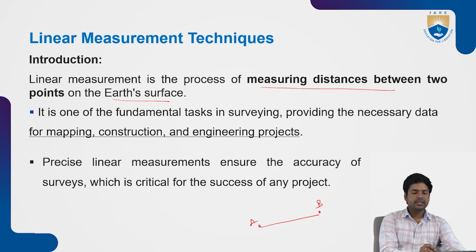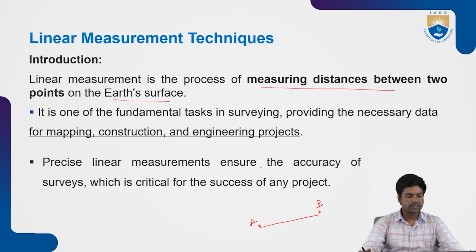Precise linear measurements ensure the accuracy of surveys, which is critical for the success of any project. Whenever we measure distances linearly, the data should be accurate, and that gives accurate results. This is one of the major issues we face in surveying.